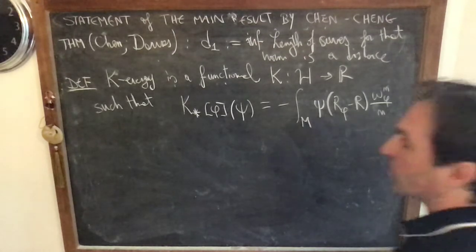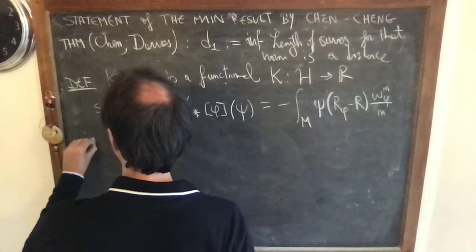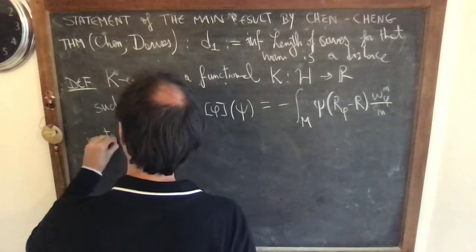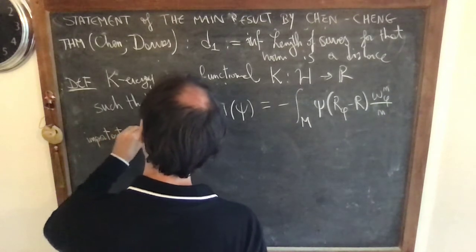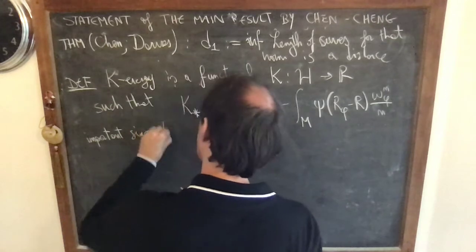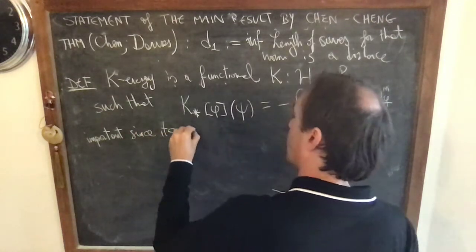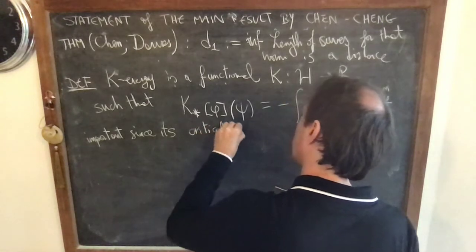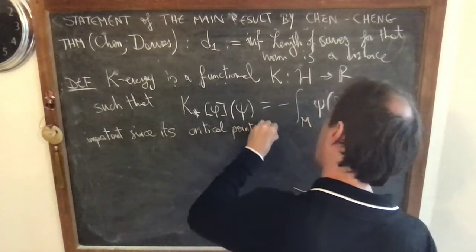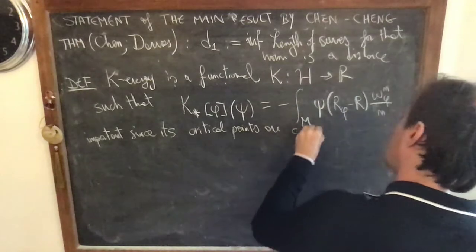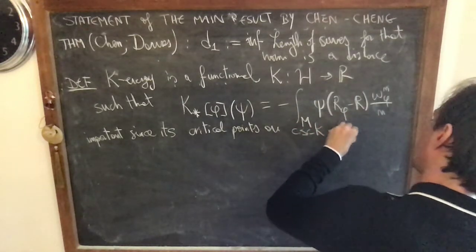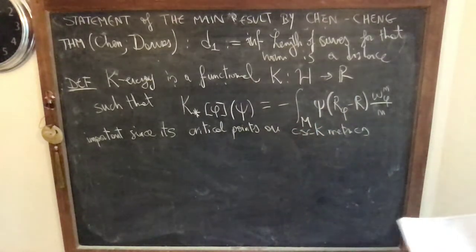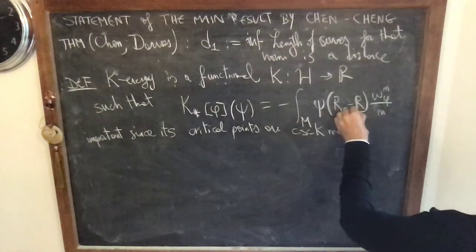Why is that important? Important since its critical points are cscK metrics.